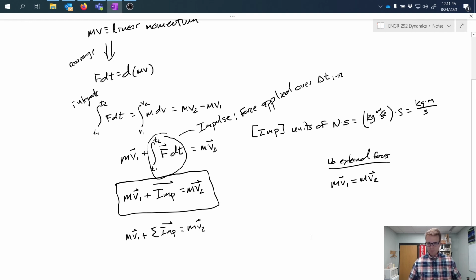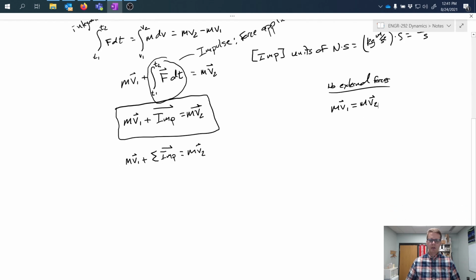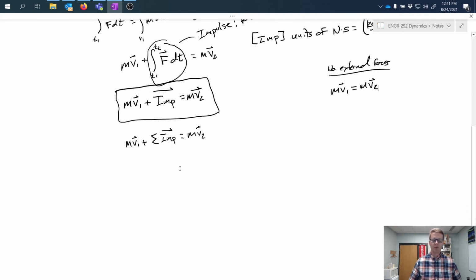Now, I've already shown that we could include this summation here if we have multiple forces acting on a system or on an object. However, we could also write this for multiple objects, which is to say we have two different particles, each with their own momentum doing something, and we want to treat that as a system.